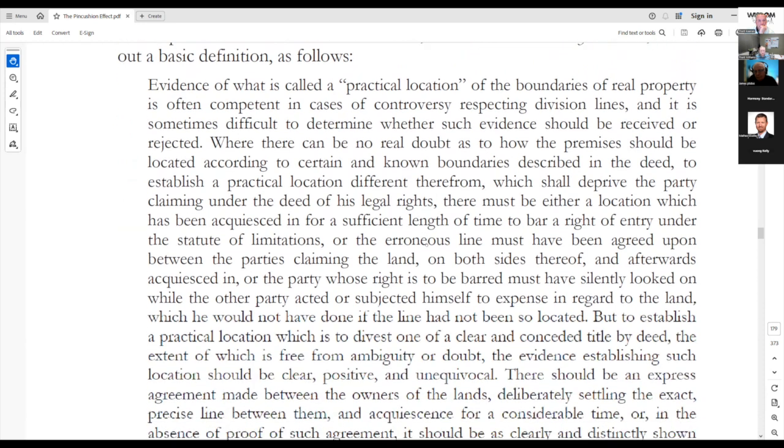It says, evidence of what is called a practical location of boundaries of real property is often competent in cases of controversy respecting division lines, and it is sometimes difficult to determine whether such evidence should be received or rejected.